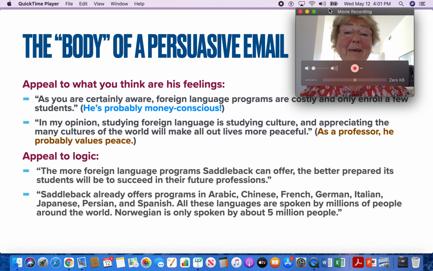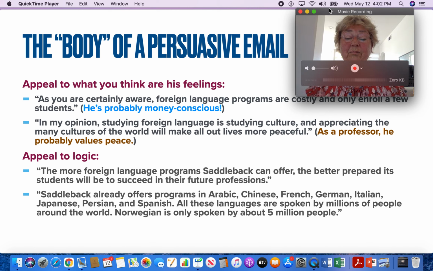Because you can probably imagine that a professor might be thinking about money. He's probably money conscious. Or you can say, in my opinion, studying foreign language is studying culture, and appreciating the many cultures of the world will make all our lives more peaceful. Well, how nice. As a professor, he probably values peace.